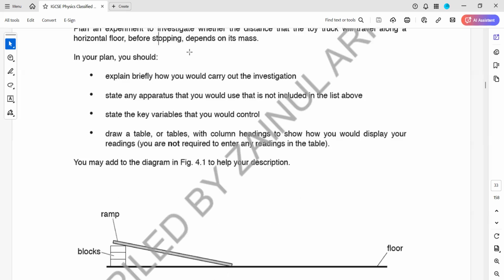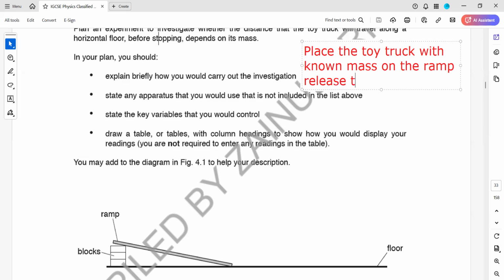So we will place the toy truck with known mass on the ramp.